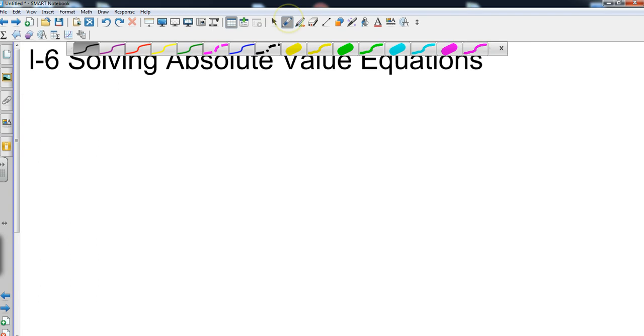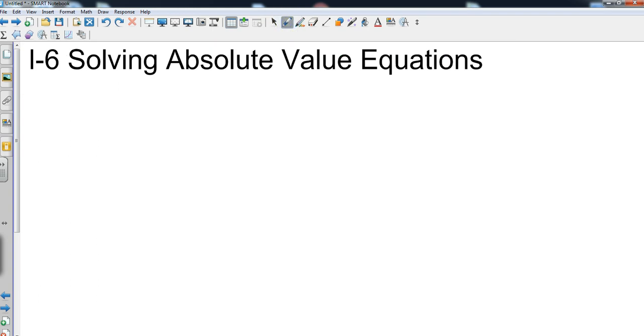So one thing we have to understand before we get started with this section is that absolute values possibly can have two different solutions. In this case, the absolute value of -4 is 4, and the absolute value of 4 is 4.